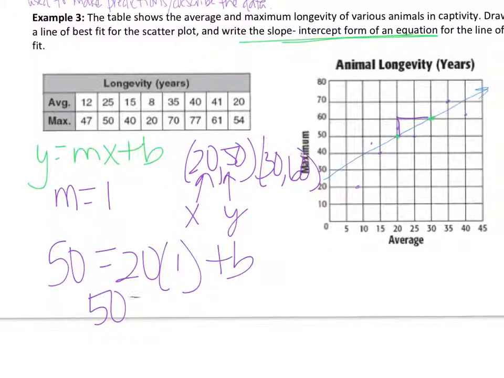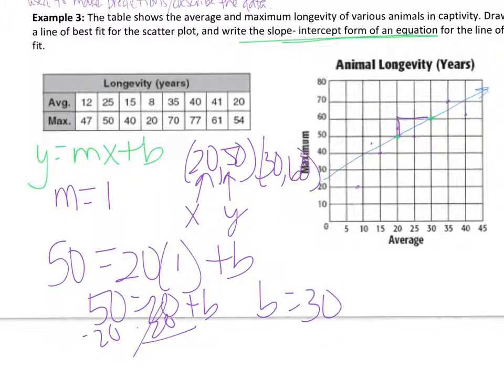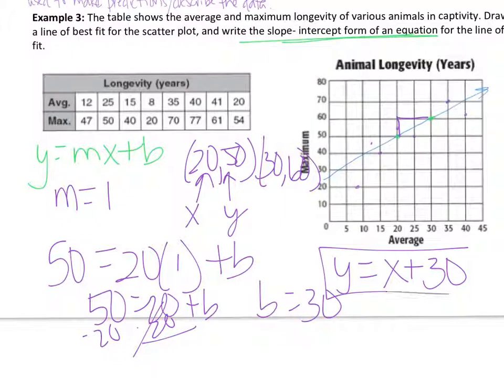So 50 equals 20 plus b, subtract 20. So my b is going to be 30, which matches up pretty close to my line of best fit. So y is going to equal x plus 30. So this would be my line of best fit. And again, it does not have to be exact. It has to just be close.